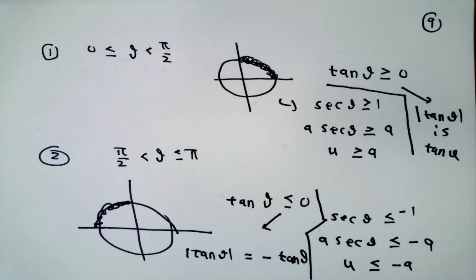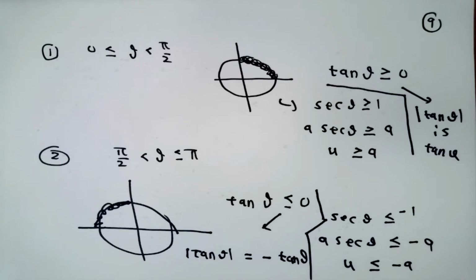Also, within that range of angles, secant of theta is at least 1. A times secant of theta is at least a. So this corresponds to u being bigger than or equal to a. In this case, absolute value tangent theta is just tangent theta since it is positive.